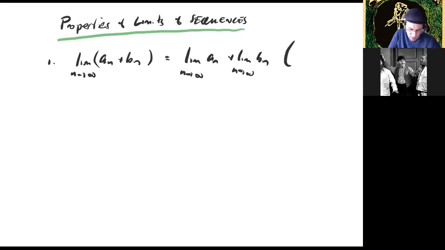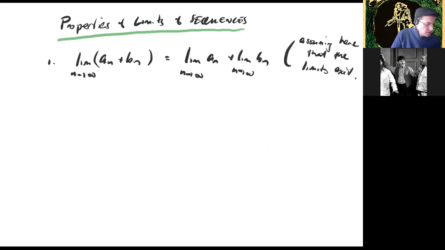But we're assuming here that the limits exist. Okay, that's the first thing. So similarly, the limit of the difference will be the difference of the limits, assuming the limits exist.